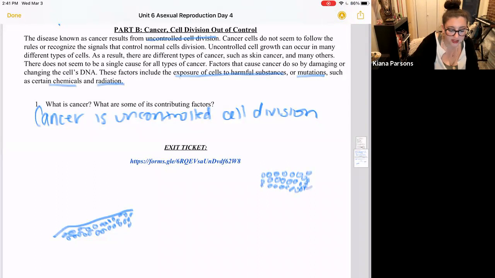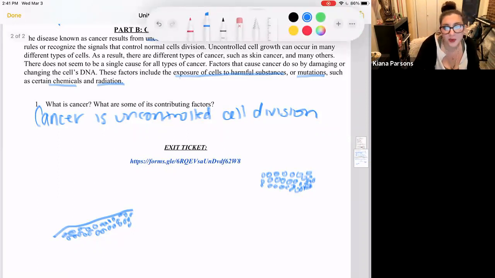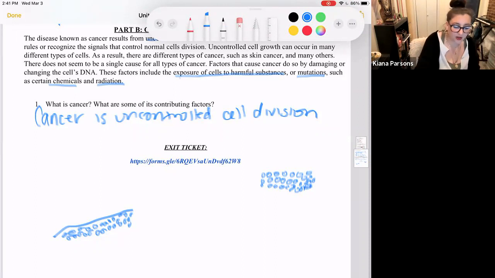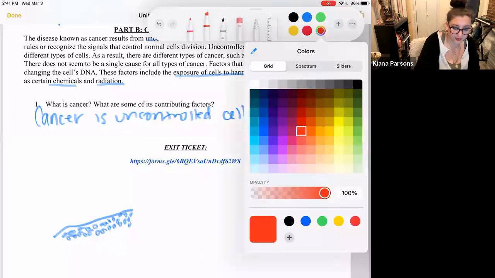But you have all these identical skin cells, they're chilling, they're having a good time, no issues. They replicate as needed for growth and cell repair. But then you get one cell that was exposed to a harmful substance, was exposed to radiation, or just has a naturally occurring mutation. And that cell is different.